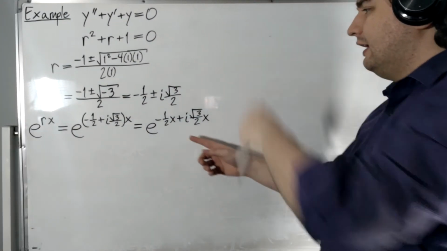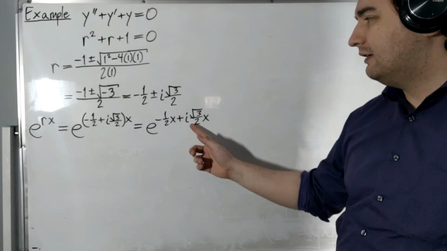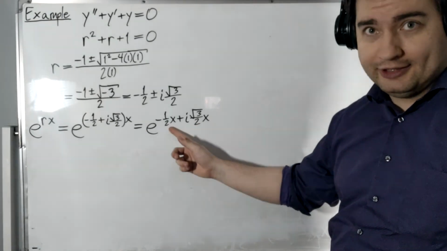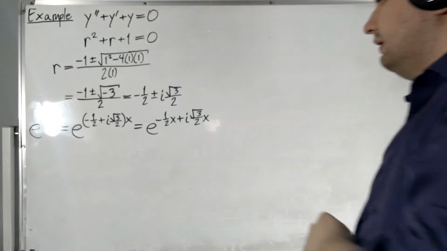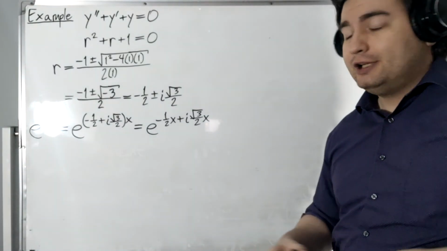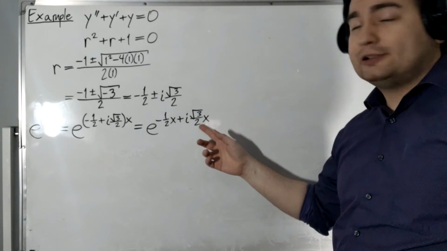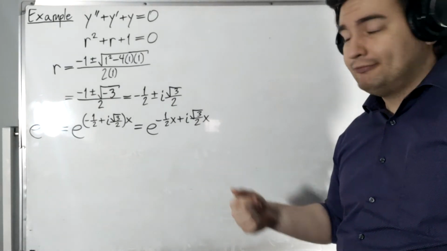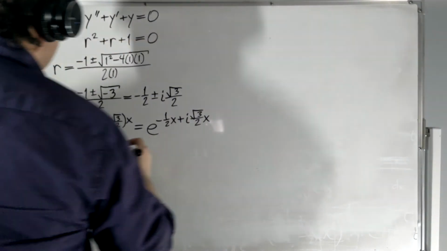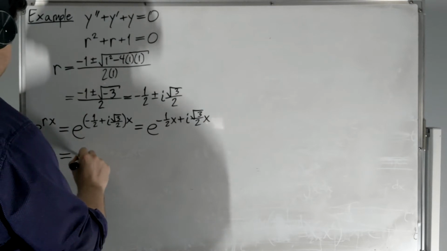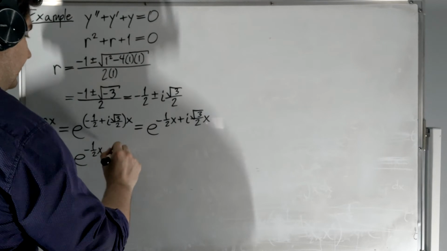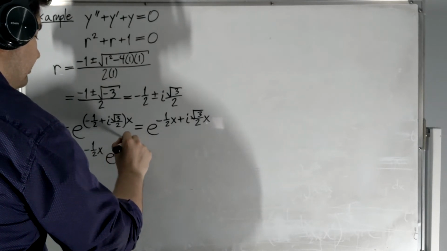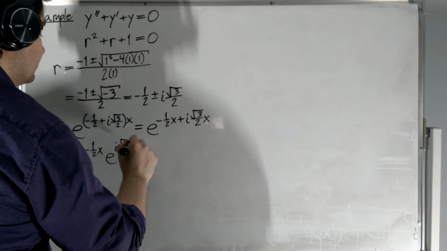We don't have just i times something. We have i times something plus another thing. So we can handle that because we have addition in an exponent here. If we have addition in the exponent, then we can write that as a product of two exponentials, e to the negative 1/2 x times e to the i root 3 over 2 x.